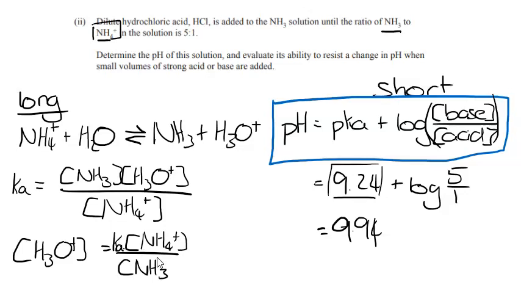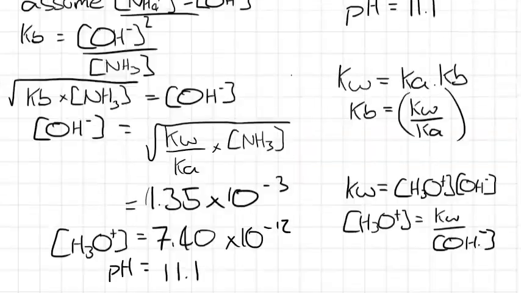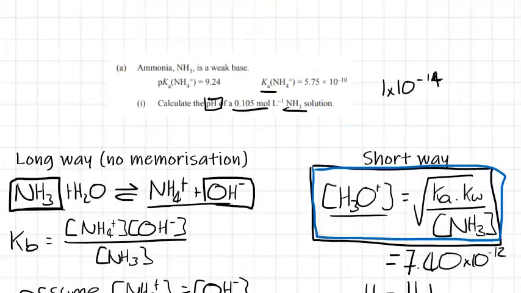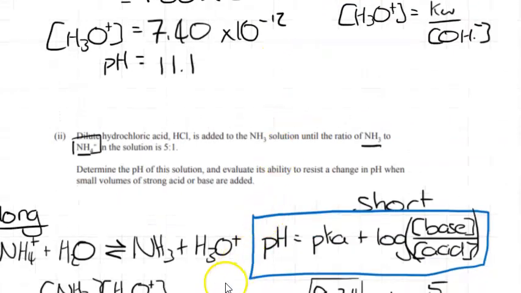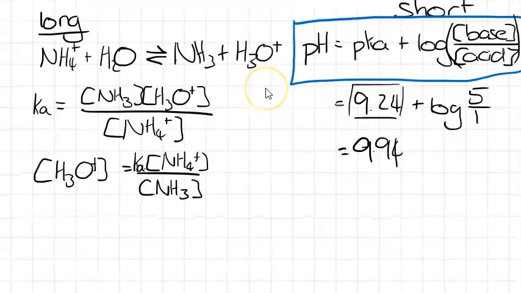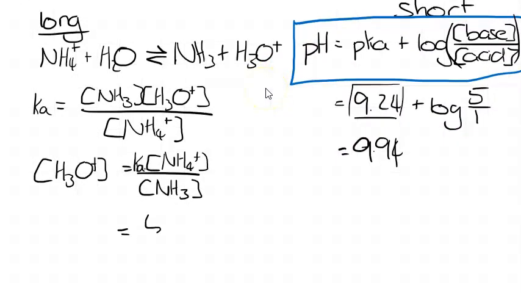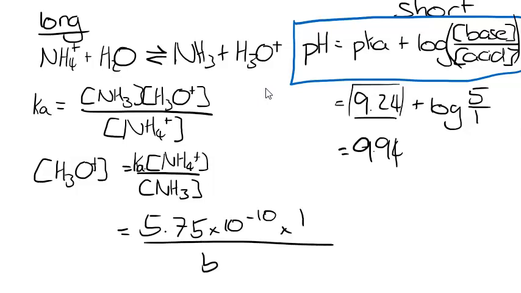So in this one, we are then going to use the Ka value, which was 5.75 times 10 to the power of negative 10. So we go 5.75 times 10 to the power of negative 10 times the acid ratio, which is 1, divided by 5, which was the base. Remember that from last time.